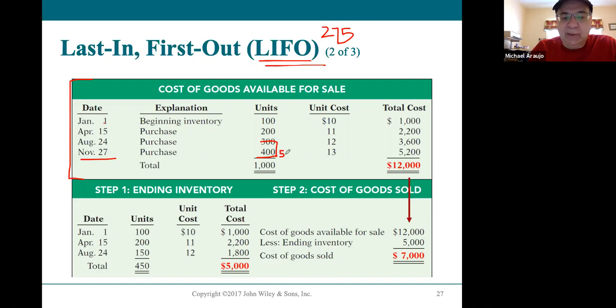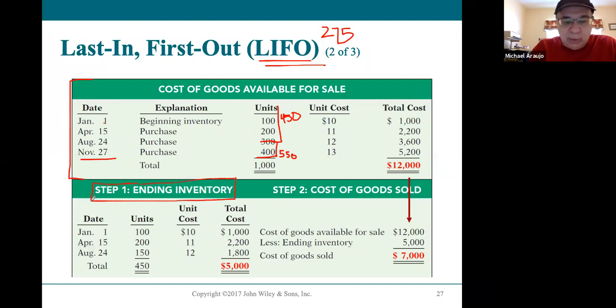So the 550 that we sold come from the bottom of the list, which means that the 450 units we still own, still in the store, are from the top of the list, okay?